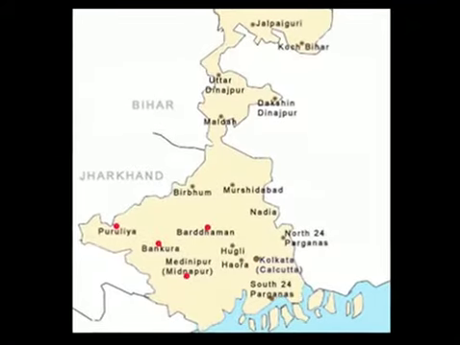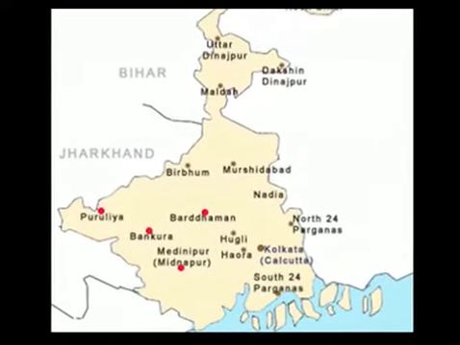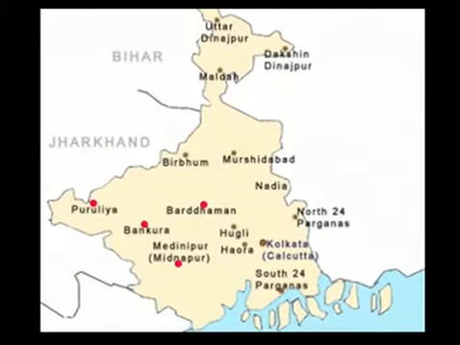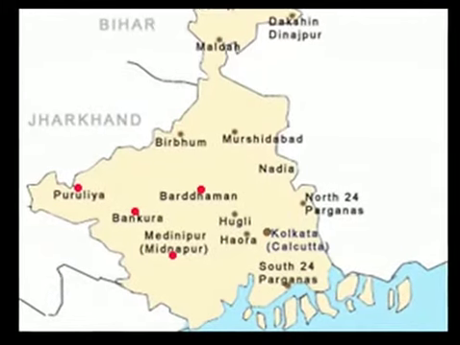When we look at the western upland of West Bengal, which forms the southeastern fringe of the Chotanagpur Plateau, mainly in Midnapur, Purulia, Bankura, Bardhaman, and many of the northeastern states, we see Neolithic artifacts like celts and ground stone axes.